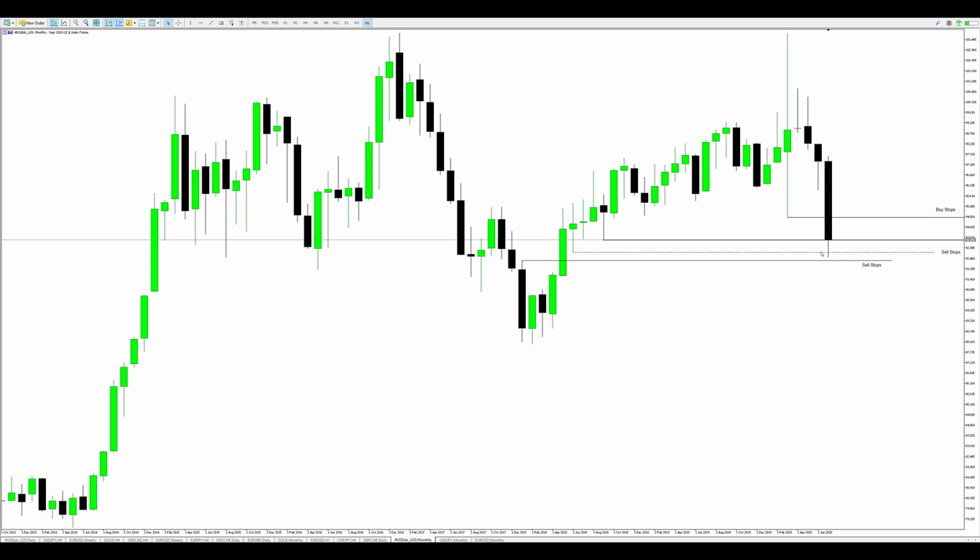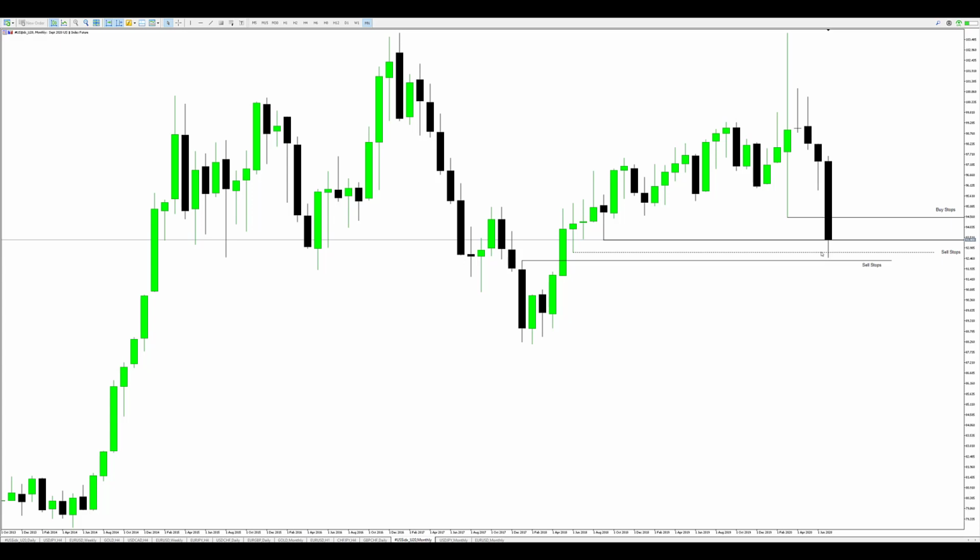I would expect probably price to reach out for 93.50 or 93.80 price point. So expect dollar index to erase a bit of the losses from last week. But yes, long-term wise, we are in a sell model.